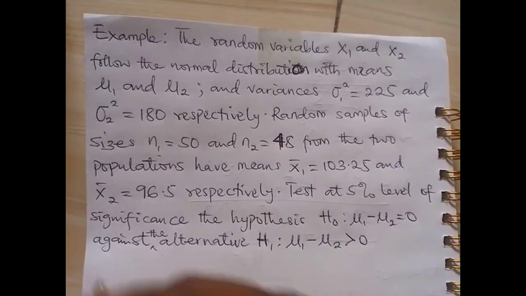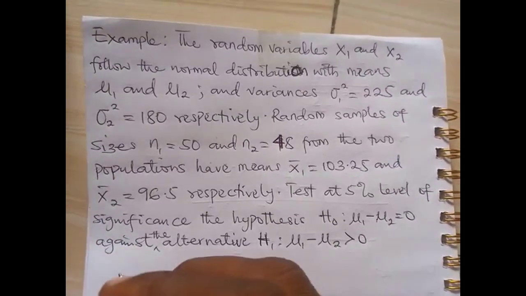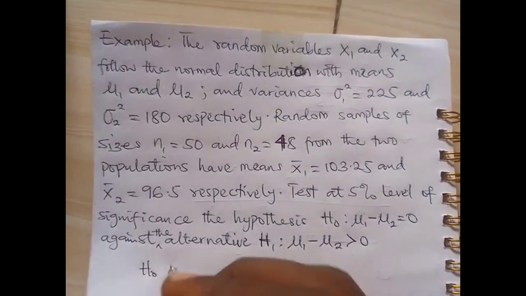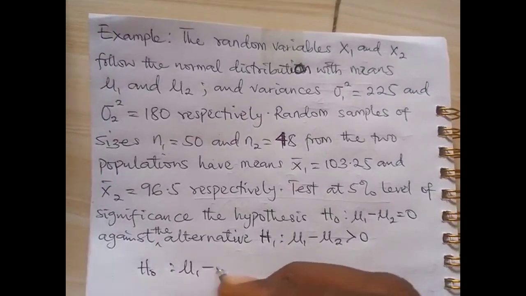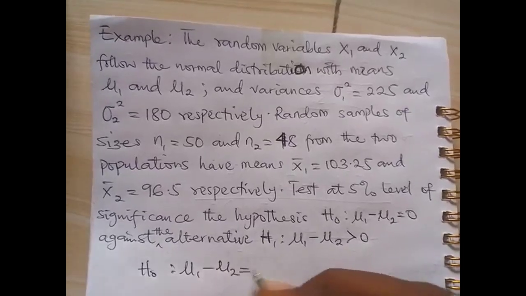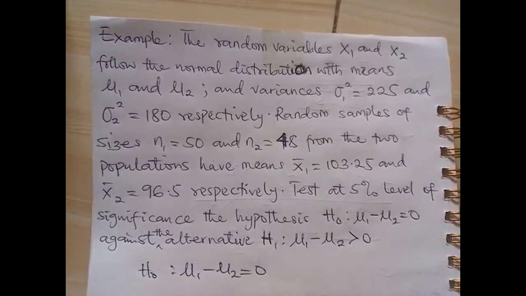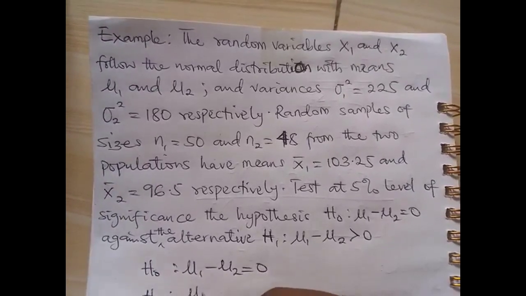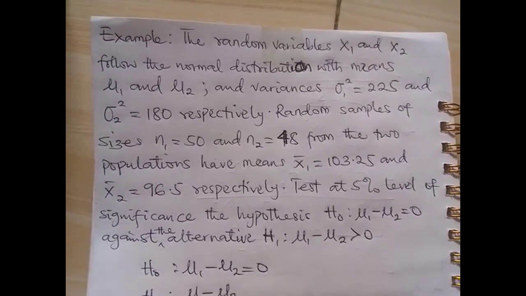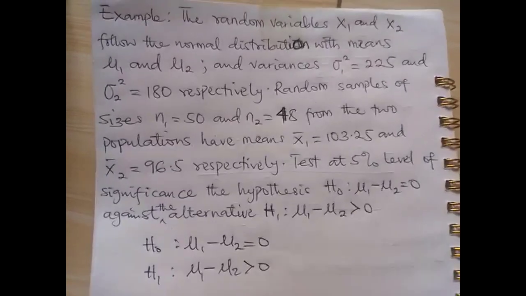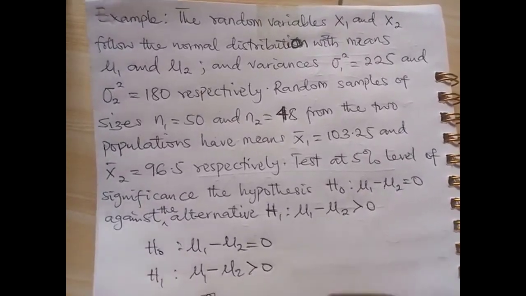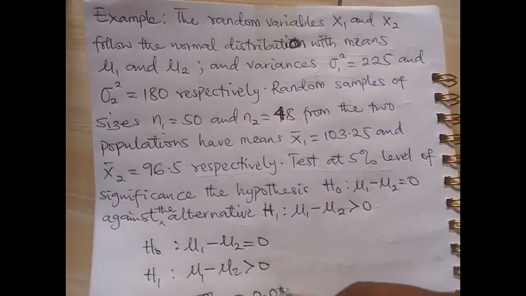For us to solve this, the first thing is to state the hypotheses they say we should test. H0 says that mu1 minus mu2 equals 0, which means mu1 is equal to mu2. Then H1 says that mu1 minus mu2 is greater than 0. The next thing is to state the level of significance, which is 5%, that is 0.05.